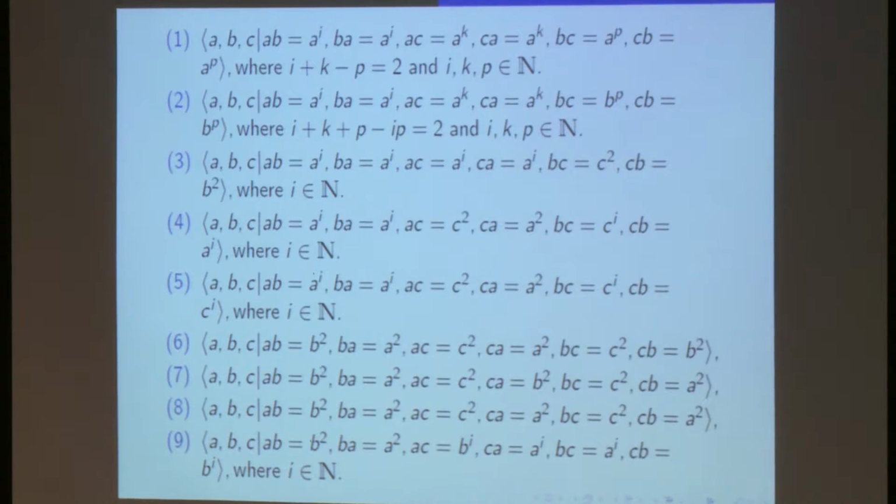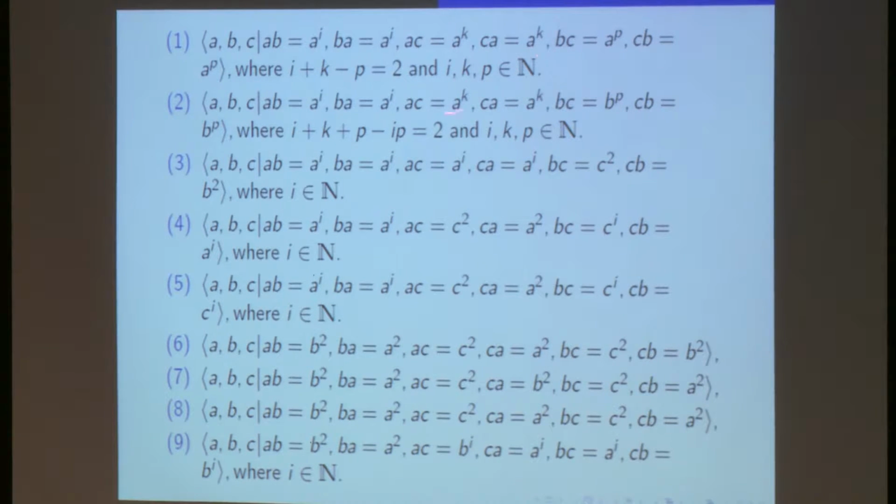In the first one, you can see i, k, p is n, so there are an infinite number of them, but they take these types. And in the disjoint union of two copies, we proved that it has 2 presentations. Now we are trying to classify more than 3, 4 or 5 copies, but it still needs more work.